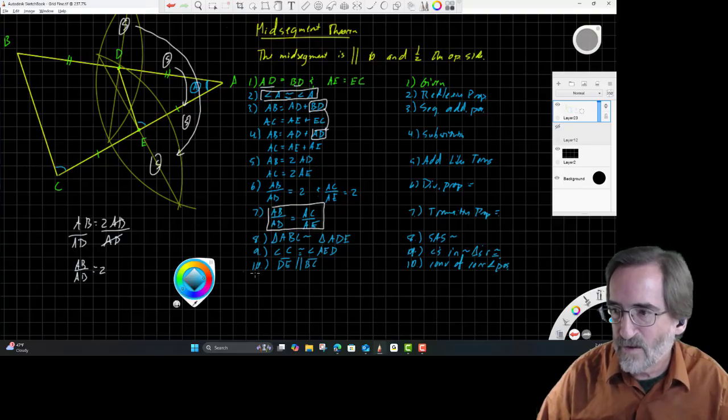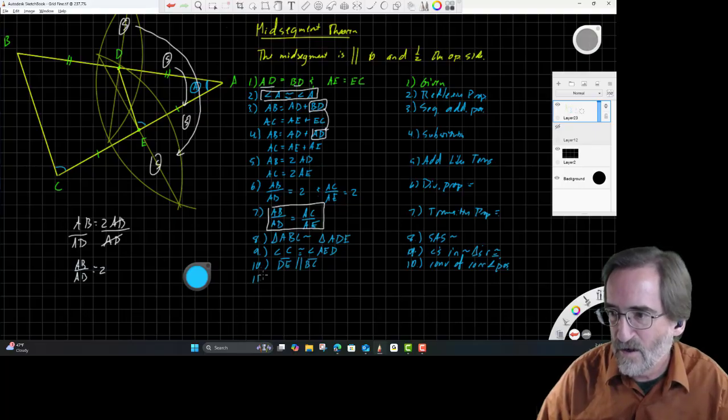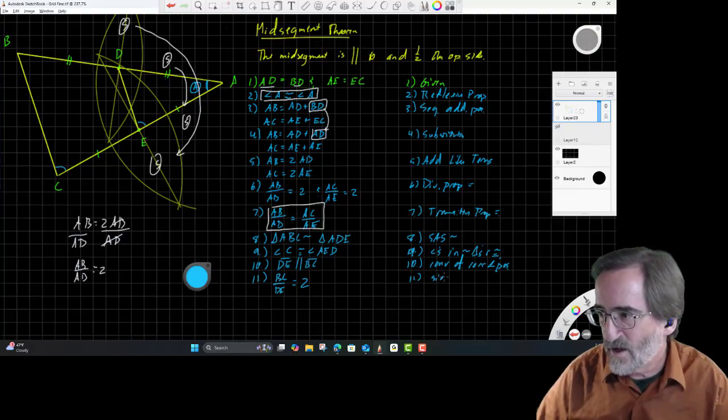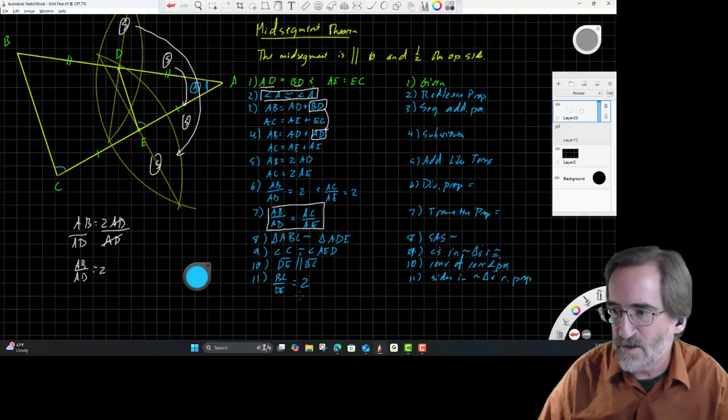So I can say, because corresponding sides are proportional, that BC over DE is 2. Okay, 11. And the reason is sides in similar triangles are proportional. They have the same ratio.